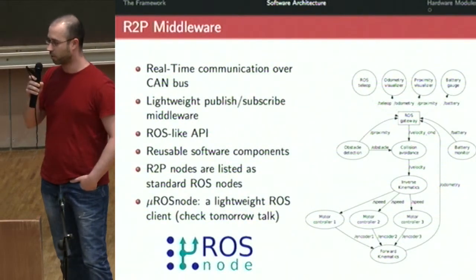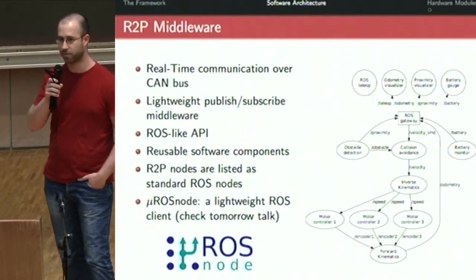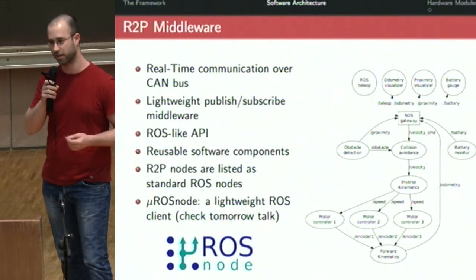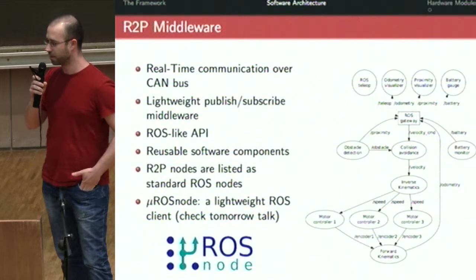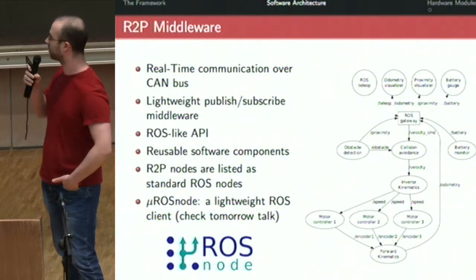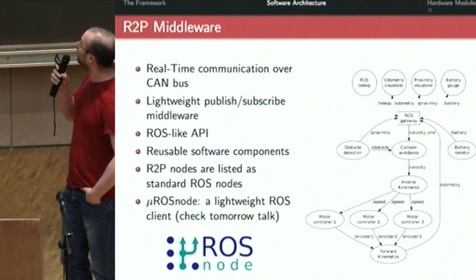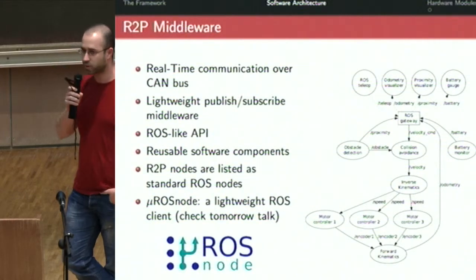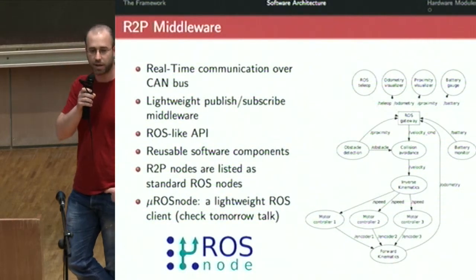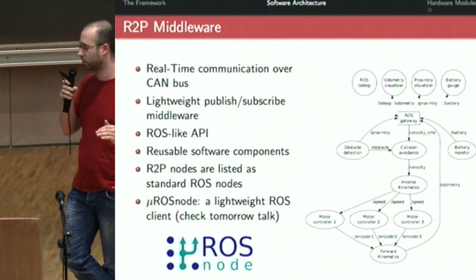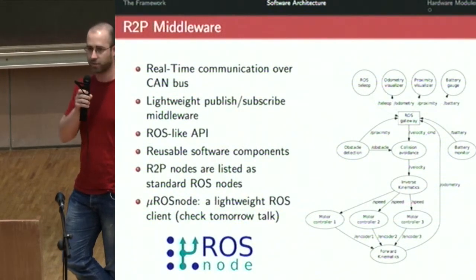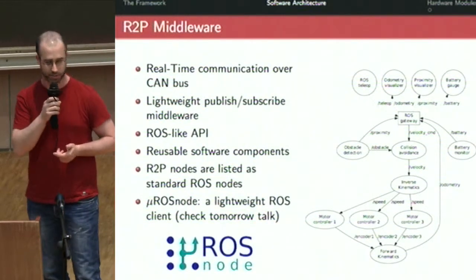We chose to follow a ROS-like API, so people who are used to ROS should learn fast how to use R2P. And thanks to MicroROS node, which will be presented tomorrow, the nodes in R2P are also exported to ROS, so we can interface with hardware components directly from the ROS application.